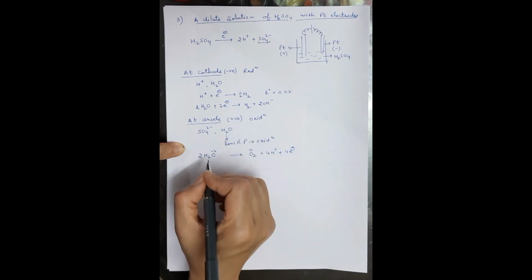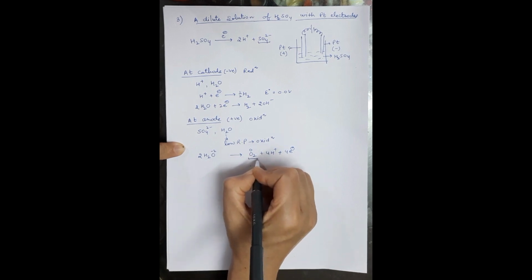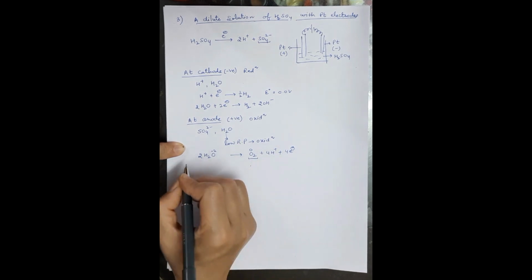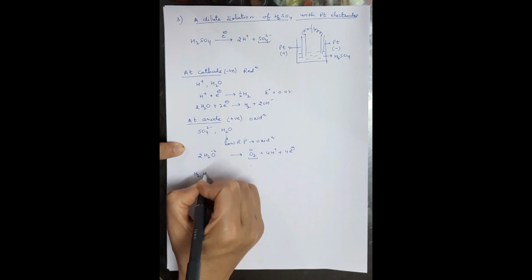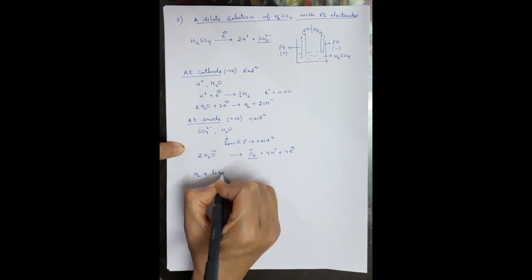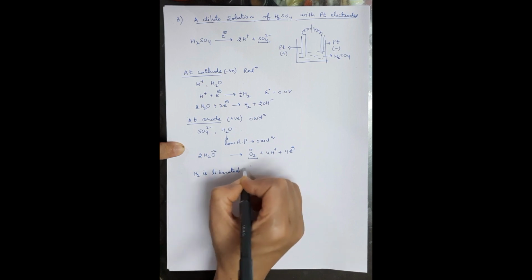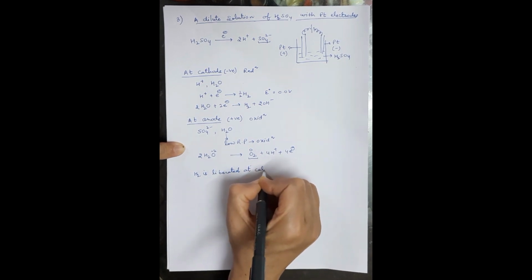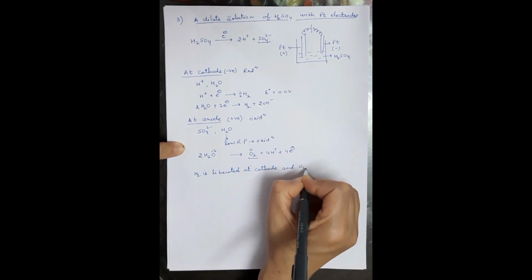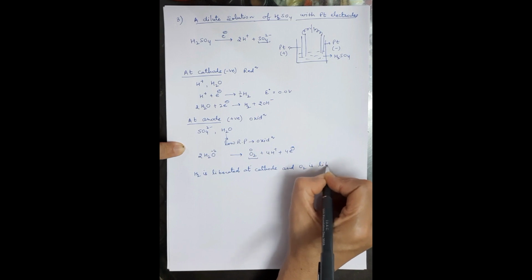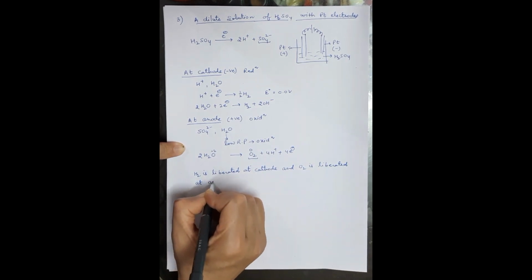So in this case water will undergo oxidation and O2 is liberated at anode. So what is the final result? We'll say H2 is liberated at cathode and O2 is liberated at anode.